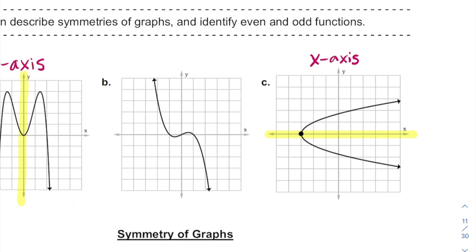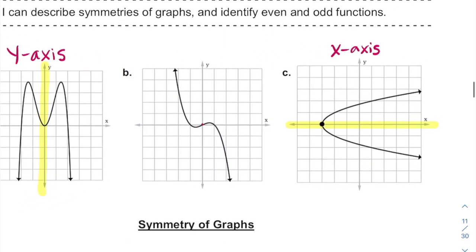So this last one, if I tried to fold in half, the curve on the right is definitely not going to sit. It would look something like that. So that is not symmetrical by folding it, but I could rotate it about the point 0, 0, the origin.